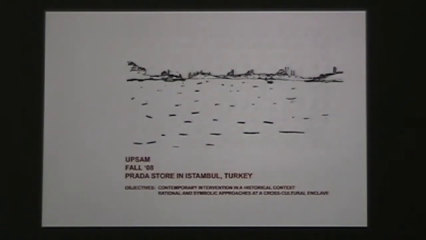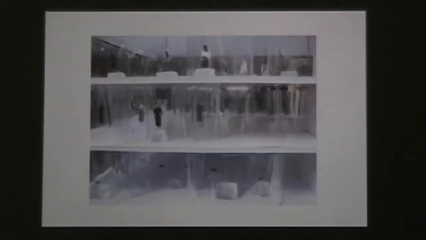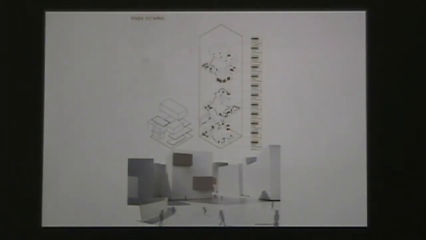We worked with issues that had to do with the contemporary intervention in a traditional and historical site, Prada being extremely contemporary, or the issues that Prada has on the table are so contemporary in a very traditional city, and also issues of the rational and the symbolic approaches at a cross-cultural enclave. These are some of the images of the work of the students.